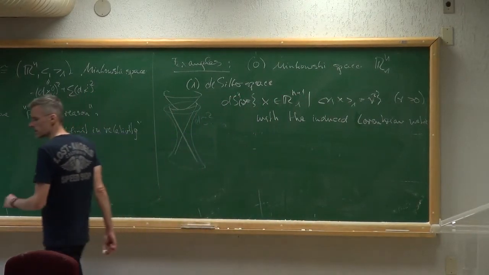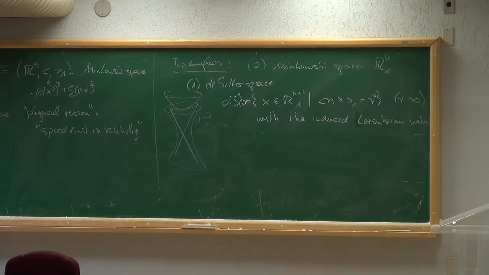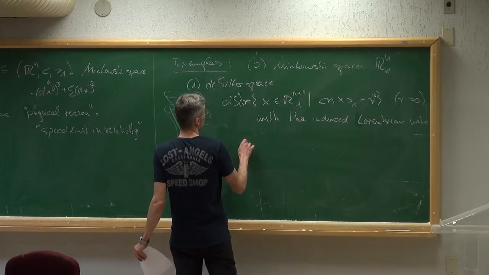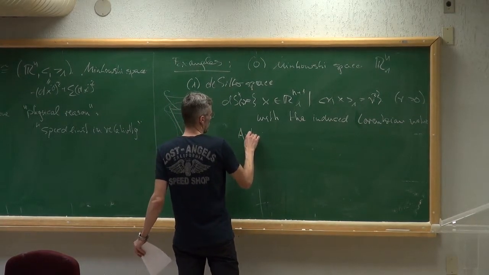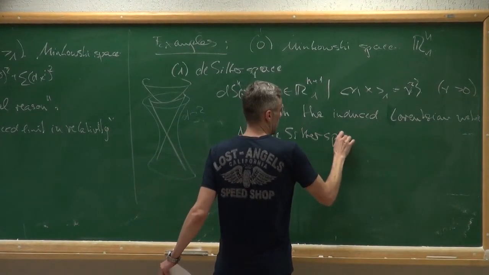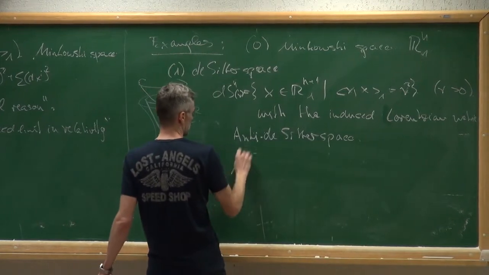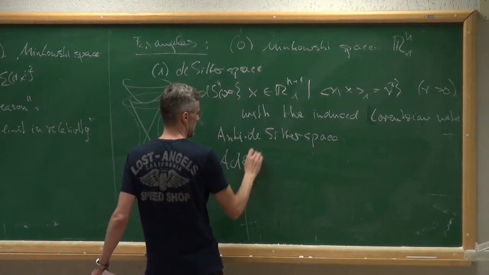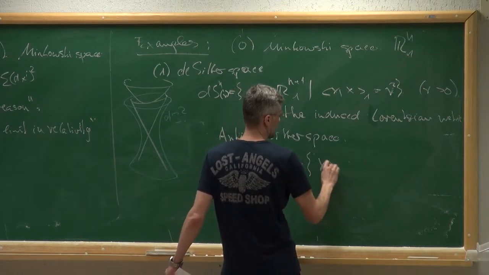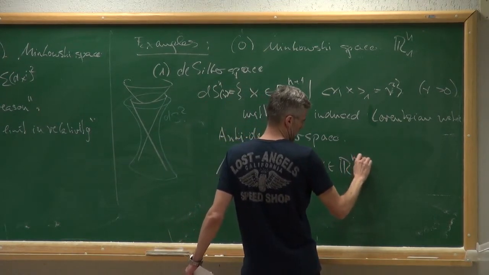Okay. And of course, if you have positive curvature, then you also have negative curvature. But you don't find those spaces in Lorentzian space of this index; you have to go one index higher, which is anti-de Sitter space, usually called AdS_n of radius r, which is nothing but x in R^{n+1} with index 2.